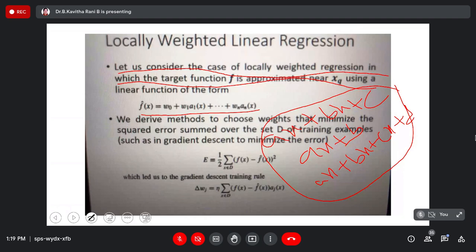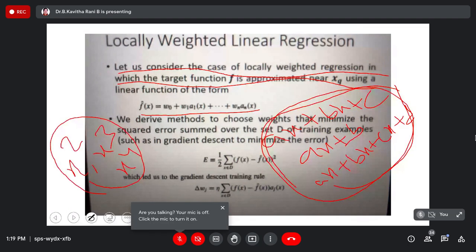What are polynomial terms? Like x square, x cube, x to the power of 4. In a linear function, these polynomial terms will not be there. An equation which does not have any polynomial term is called a linear equation.